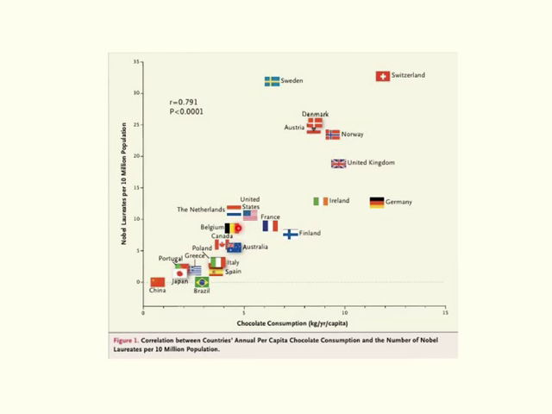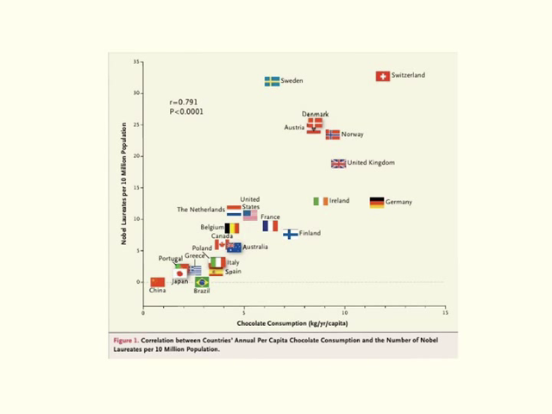So you can see here that there's a very strong correlation. So countries in which lots of chocolate is eaten, like Germany and Switzerland, I guess the United States doesn't eat much chocolate, relatively speaking, also tend to have more Nobel laureates.